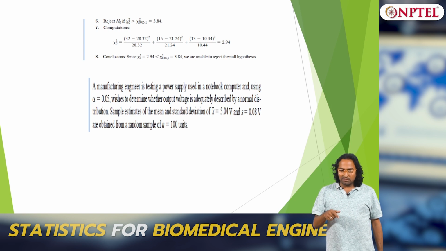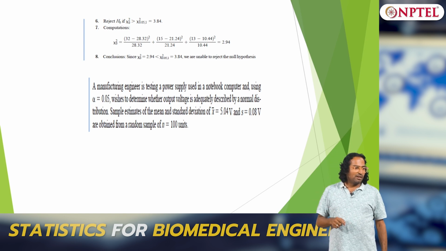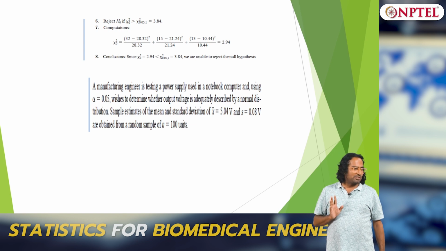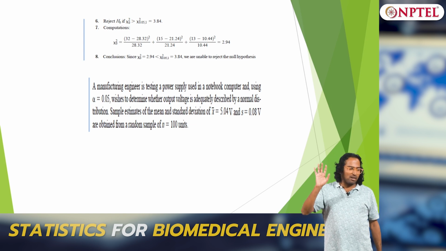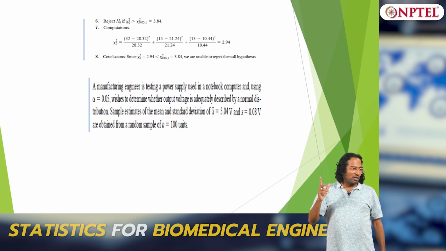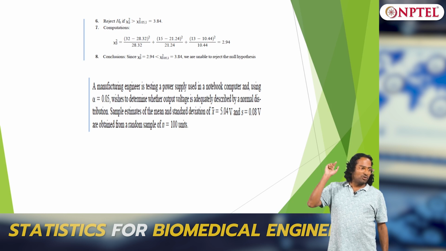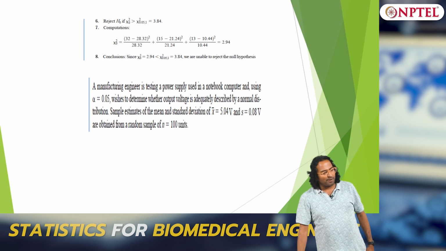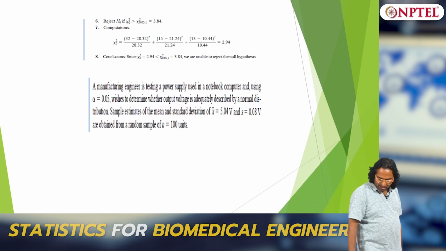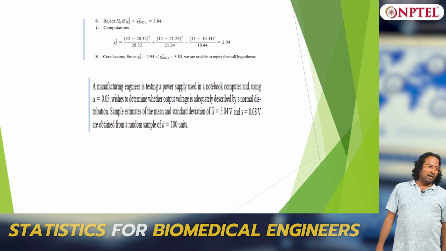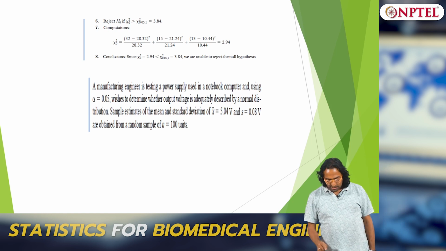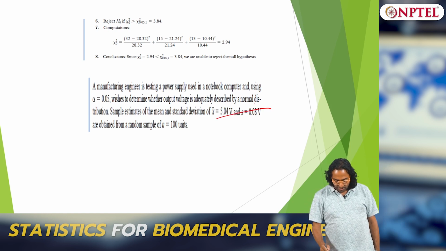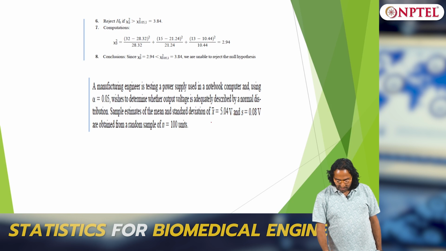It will be noisy. You have to tell me what the mean and the standard deviation of the approximate distribution are. You cannot get a constant value, right. So you are saying it is a Gaussian distribution with mean 5.0 volt and standard deviation 0.08 volt, and he has got these values from conducting tests on 100 units.